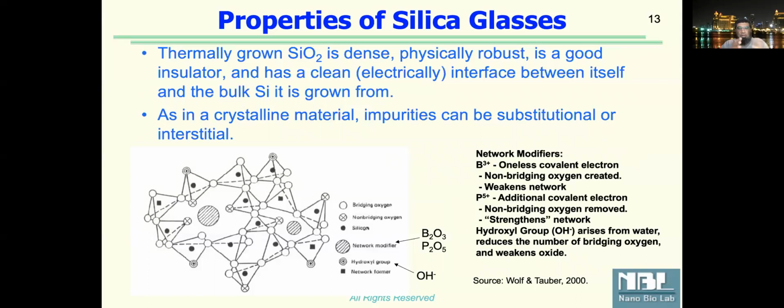You know, we said we grow silicon, so essentially we would have the surface of silicon and we would start having oxygen species reacting with it and then resulting into silicon dioxide. And during that process, we can introduce some elements into it, like boron or phosphorus, which we call as network modifiers.